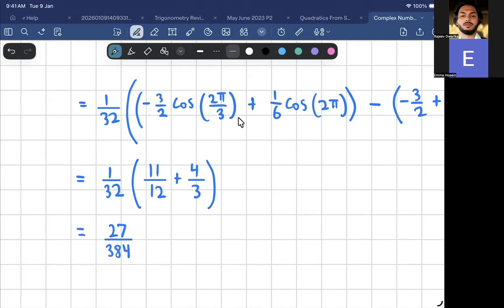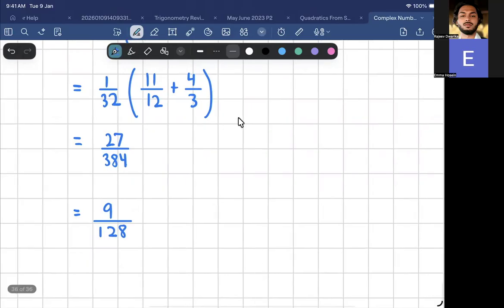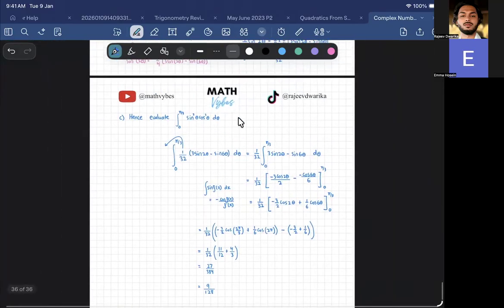And you get 27 over 384. I got 9 over 128, but I guess it just reduced, because 3 into 27 is 9, and that will be 1, and then that will be 2, and 8. Well, good, and that's it.